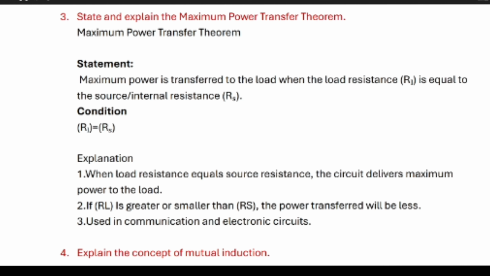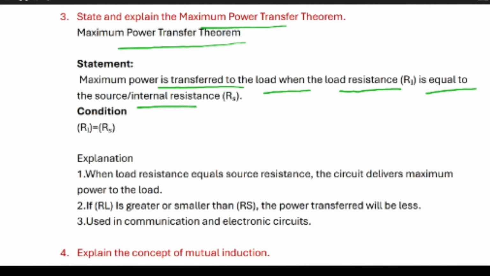The next question is: state and explain the maximum power transfer theorem. The statement: maximum power is transferred to the load when the load resistance RL is equal to the source or internal resistance RS.